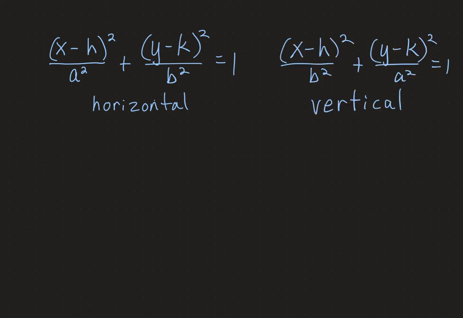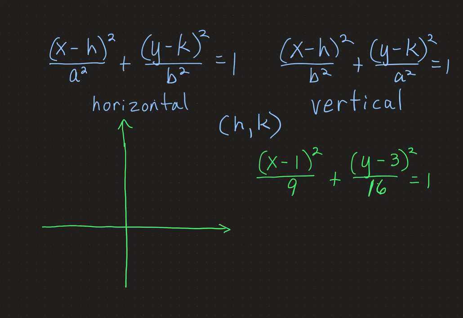And here is the equation of an ellipse that is oriented vertically, where its major axis is vertical. Notice that the h and the k positions did not change. H is still with x and k is still with y, because in each case, the center of this ellipse is not at (0, 0), it is at (h, k).